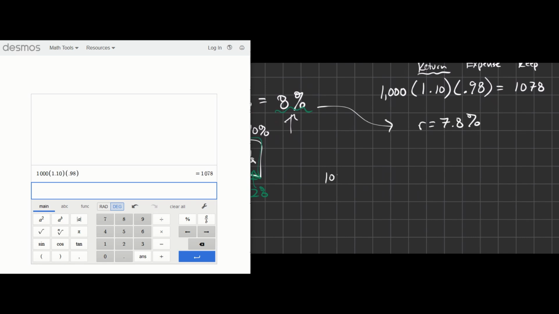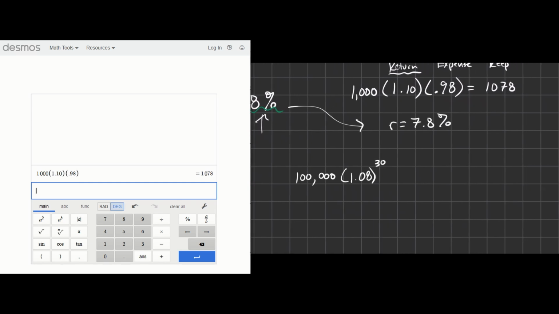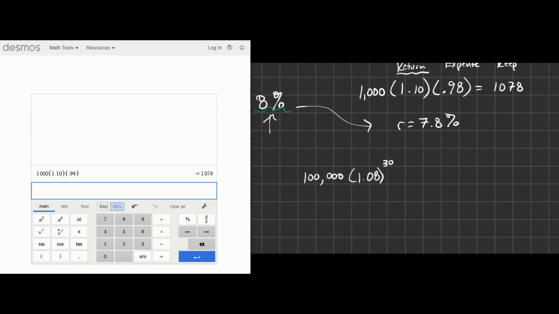Let's see the difference between running $100,000 at an 8% return for 30 years versus running $100,000 at a 7.8% return for 30 years, and let's see what the difference is going to be.